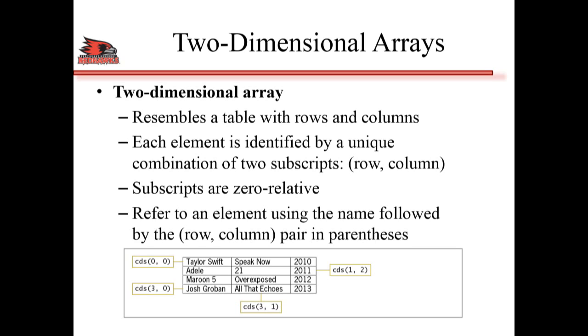The bottom row has 3 0 because this is a 4 by 3, meaning that it has 4 rows and 3 columns. So the highest subscript for the rows is 3 because it starts from 0. The highest subscript for a column is 2 because it starts from 0 again.